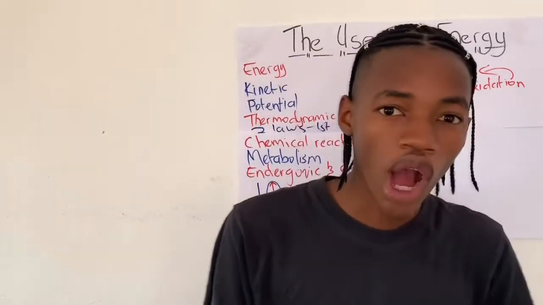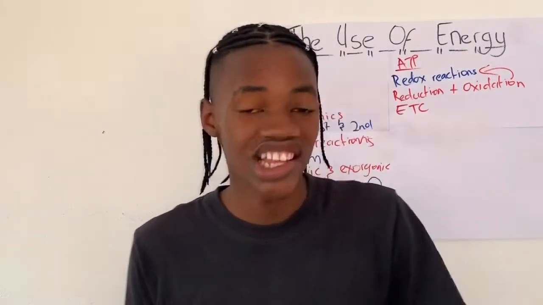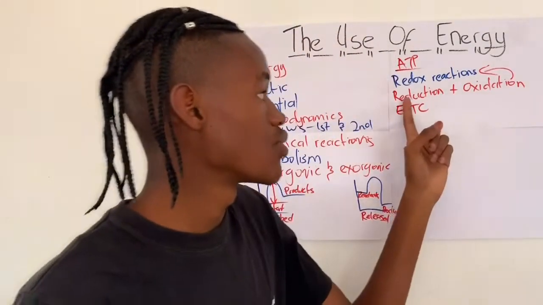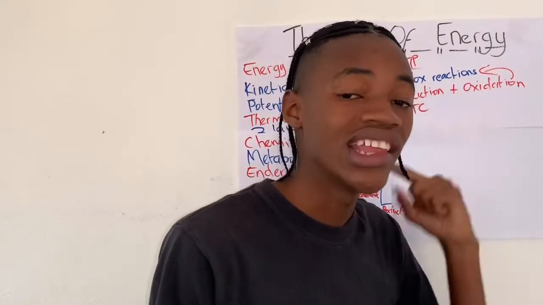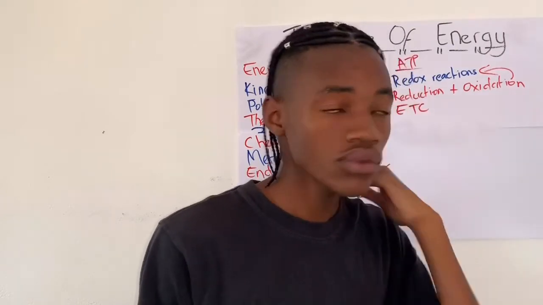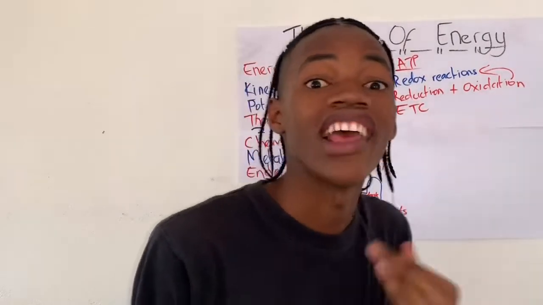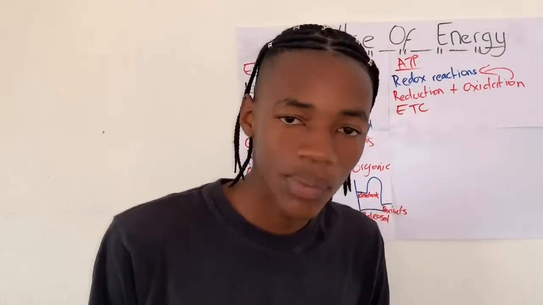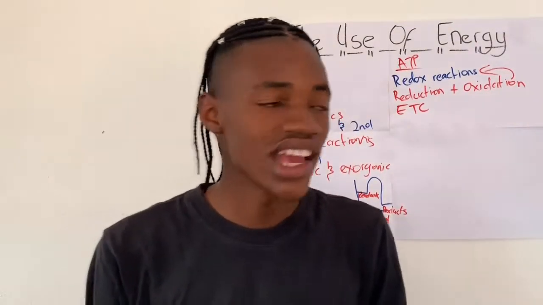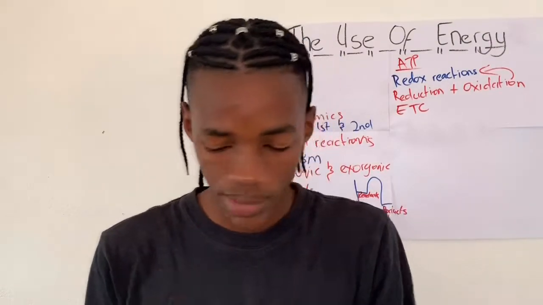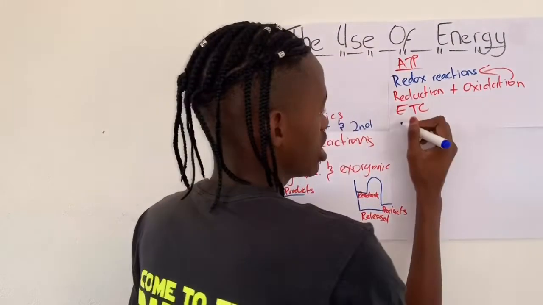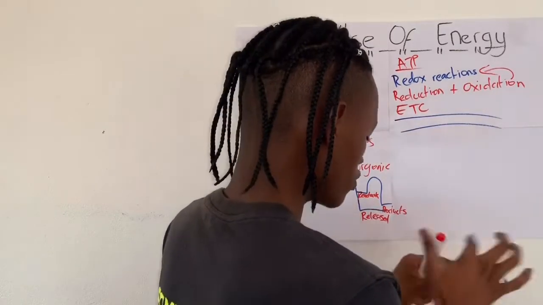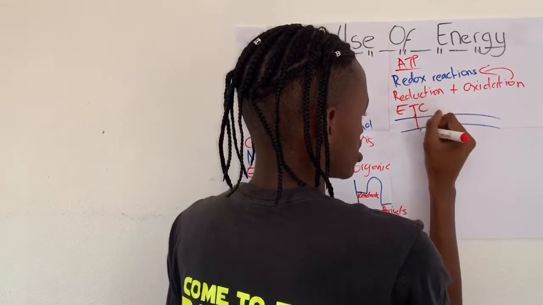Remember that reduction and oxidation have to do with the gain and the loss of electrons, so the electron transport chain transports those electrons. The electron transport chain is like this: this is your membrane, and these are your proteins.